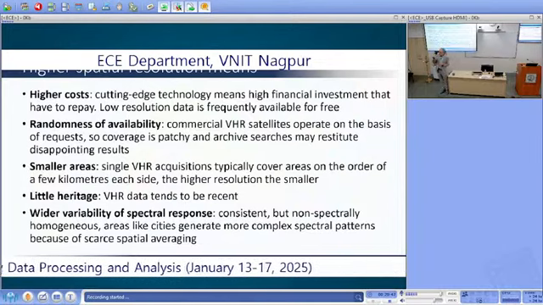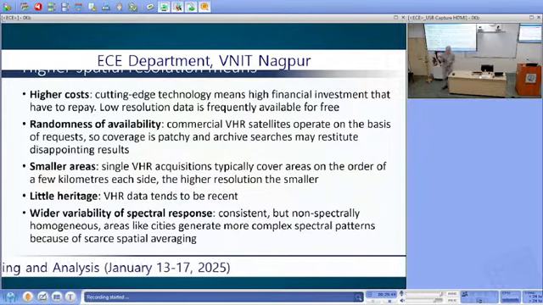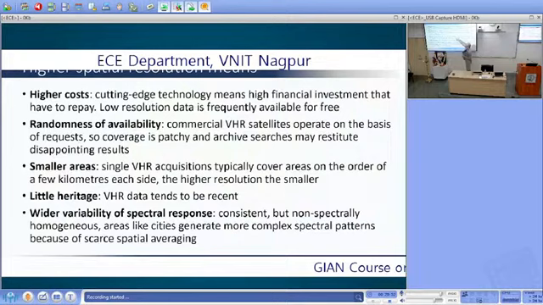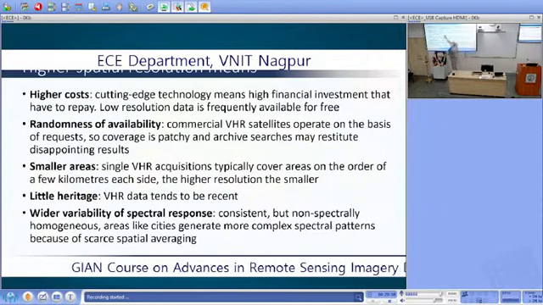But you should be aware of a number of important facts. When you have to do with higher resolution data, then generally it costs more. But let alone the price, it's not always available.